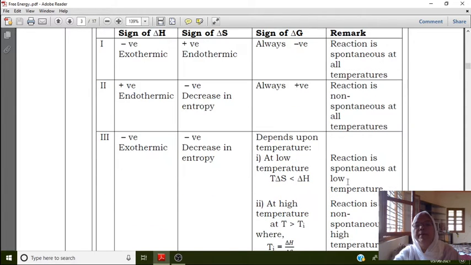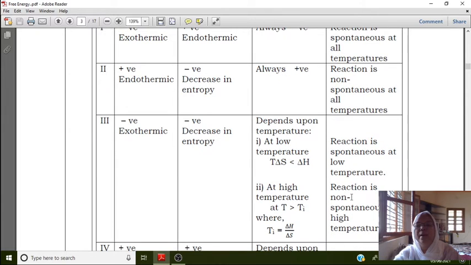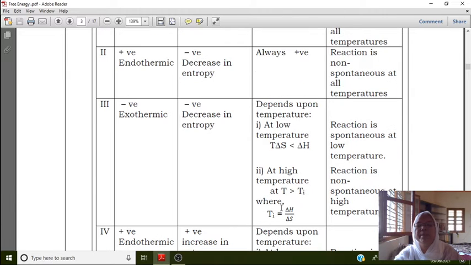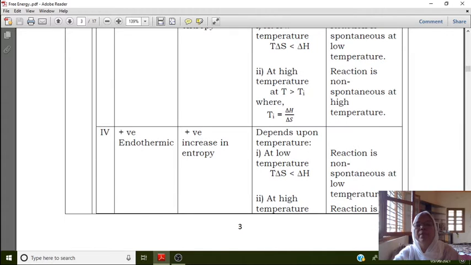Then the reaction is spontaneous at low temperature. At that time, T delta S is less than delta H. And for a non-spontaneous process at a high temperature, remember this temperature T is greater than the initial temperature. Okay. Then the reaction is non-spontaneous at low temperature, T delta S is less than delta H.